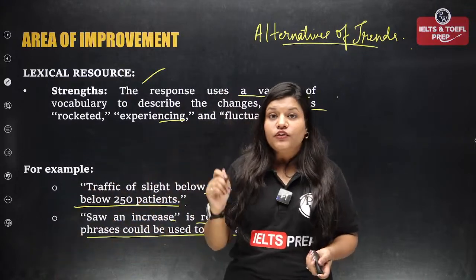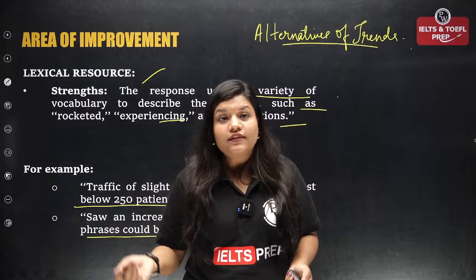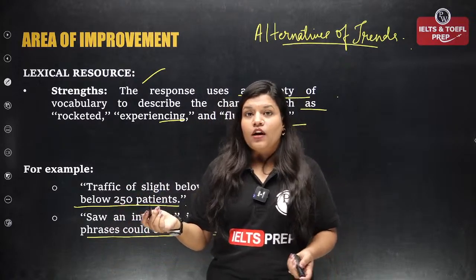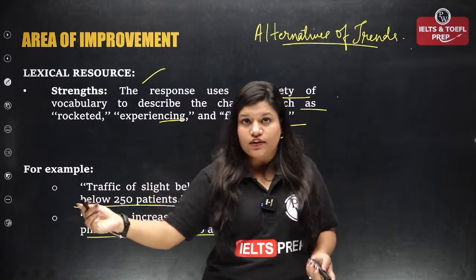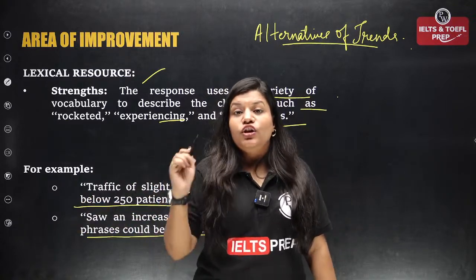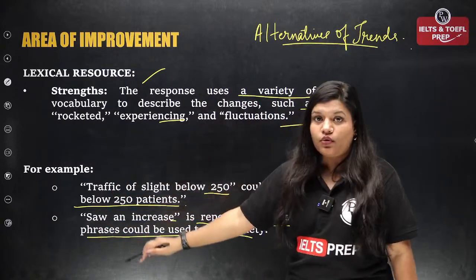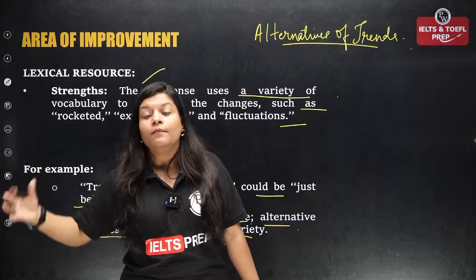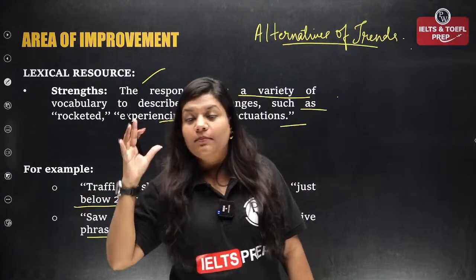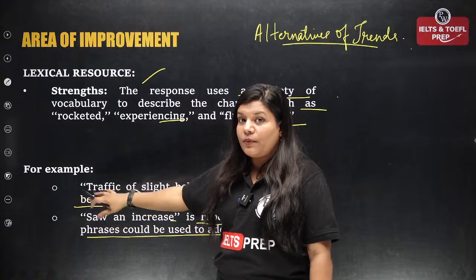What sorts of words can you use when the data is decreasing? Again, what sorts of things can you have a clear look at when the data is constant? Whatever you are going to take care of, this is what is going to be represented. Again, when I say wide variety or wide range of vocabulary, I don't mean you have to come up with complex vocabulary. Make sure you use a wide range of vocabulary in order to improve your answer.